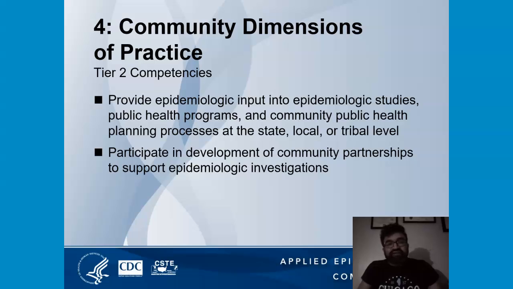And then the skill domain for community dimensions of practice. This fosters engagement with the community in epidemiologic practice. That is really important because it has to go back to the community, whether at the state, local, or tribal level.